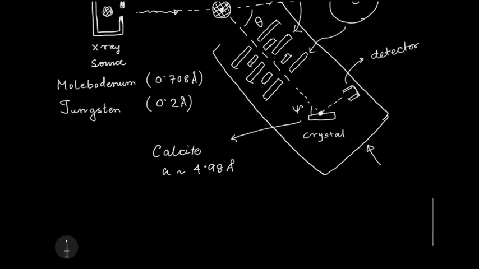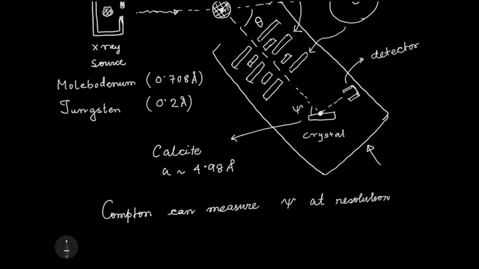Compton can measure psi at a resolution of 5 degree. So you can change psi by 5 degree.